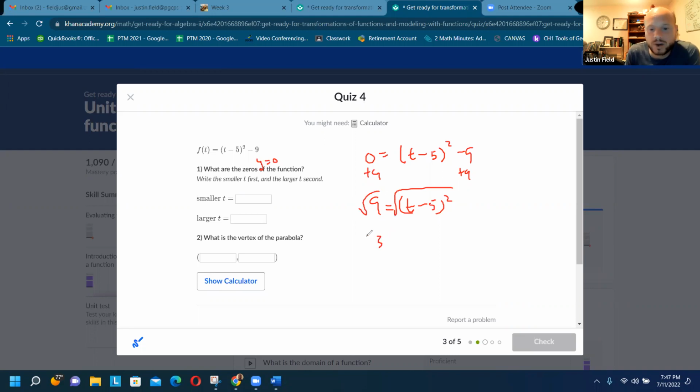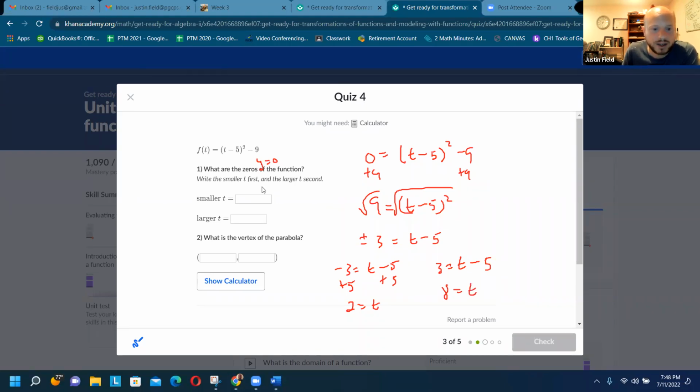Now, when you take the square root in the solving process, you have to put that plus or minus there. And then we separate it into 2 equations. Negative 3 and positive 3 equals t minus 5. And then we just finish it. So that's 2. And that would be 8.